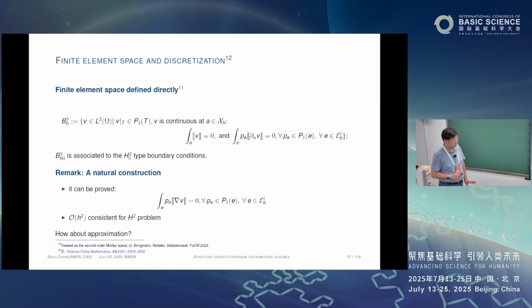Okay, I do not think we are all familiar with finite elements, so I will just go through some of these slides. I can construct this finite element space this way, and this construction is natural for a finite element space for the H2 problem to have H2 order convergence accuracy.